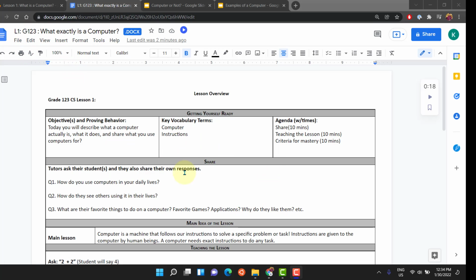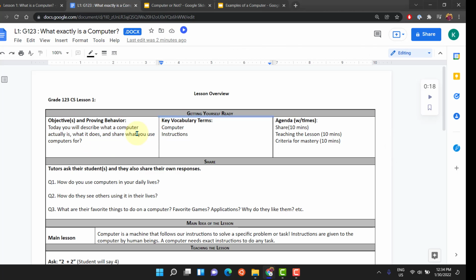The lesson plan itself is divided into these sections. Don't be overwhelmed by this. I will go over it immediately and you will be like, oh, this was so simple. The first thing is for yourself, getting yourself ready. What exactly do you want to get out of this lesson plan?